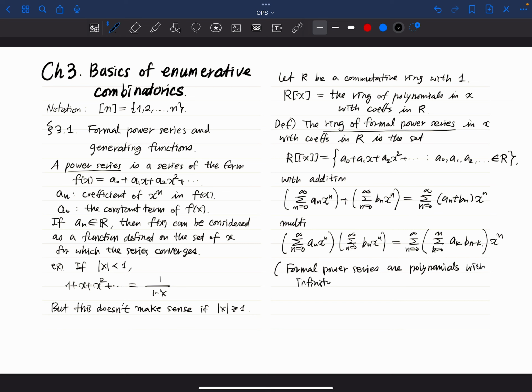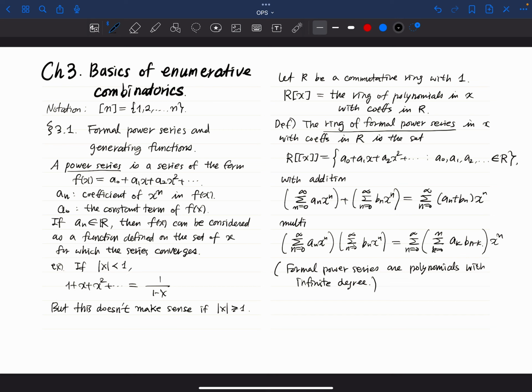That's the only difference. So if the degree is finite, it's going to be a polynomial, otherwise a formal power series. So in fact, formal power series contain polynomials, because if you have only finitely many non-zero coefficients, then it's going to be a polynomial.